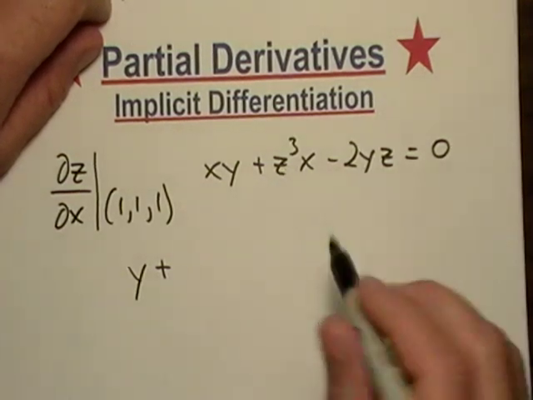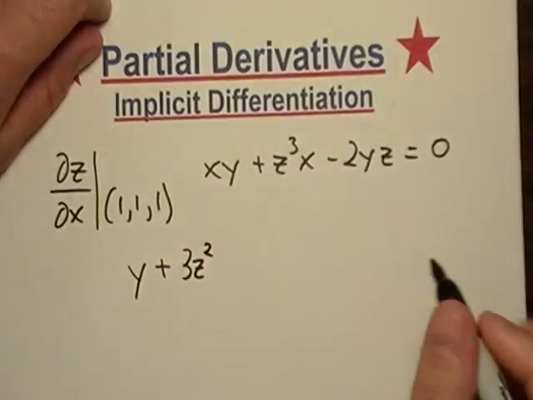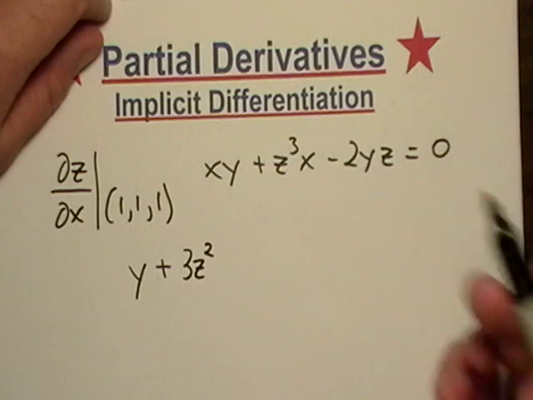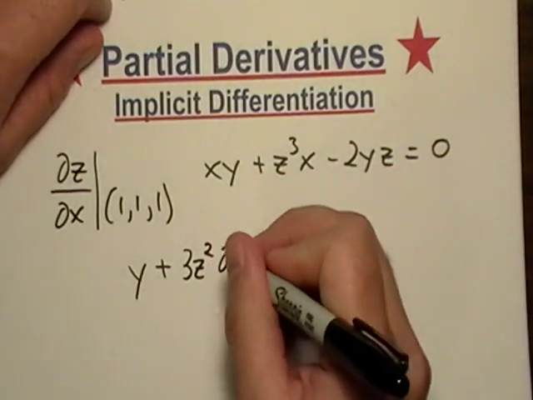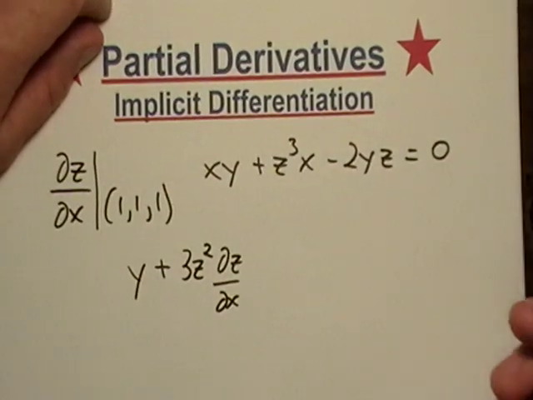Okay, so what we're going to do is we're going to go ahead and take its derivative, but we're going to also write partial z partial x by it. Okay, just like we used to do in Calc 1.